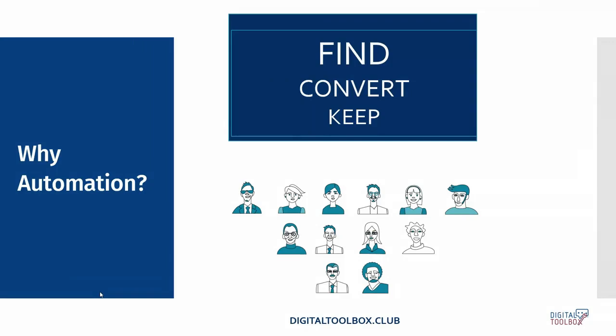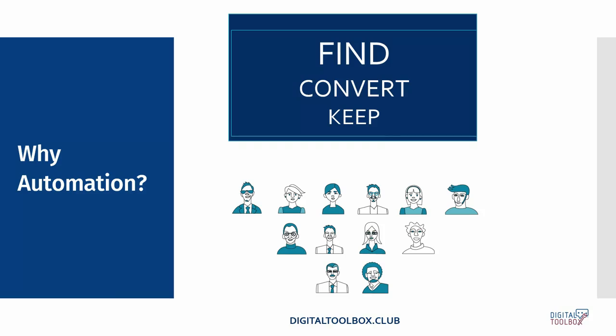In the old days, we would focus our marketing efforts on finding lots of people, a little bit of energy on converting them, and very little once someone became a customer. But that's not how marketing works today.